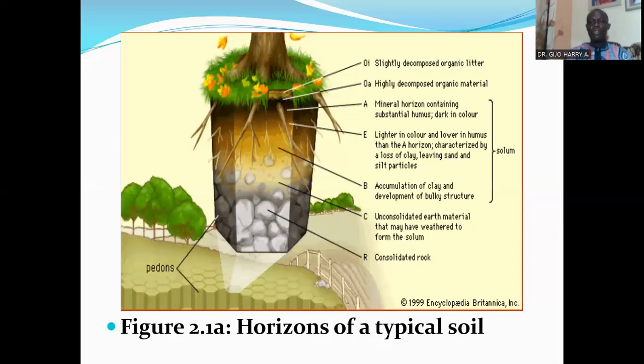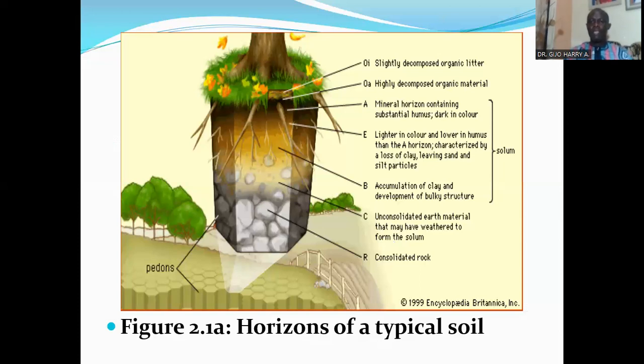Following the B horizon is the C horizon, which is made up of unconsolidated earth material that may have weathered to form the solum. So the C horizon is mainly made up of sand, silt, and clay particles, and it is usually unconsolidated, and it may have weathered to form the solum.